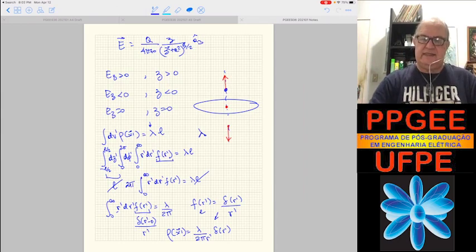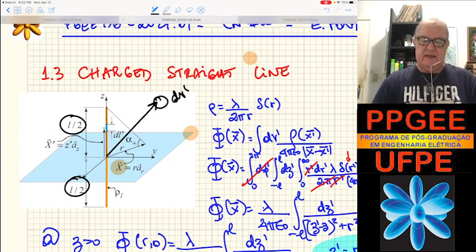So let's then calculate the potential of this charge distribution at the point x equals R AR. Let's write down the expression.